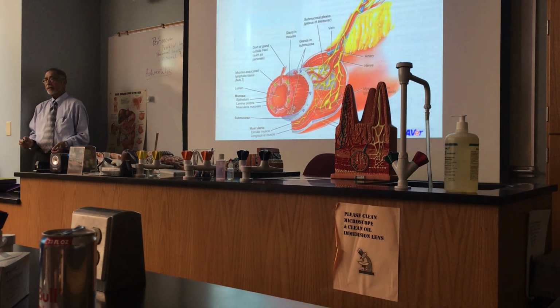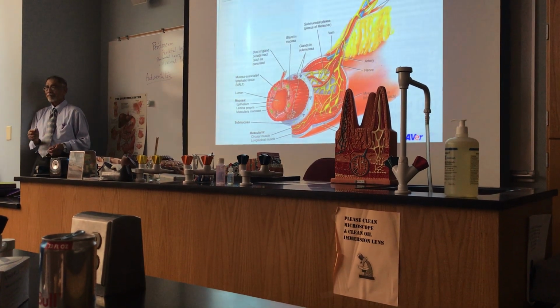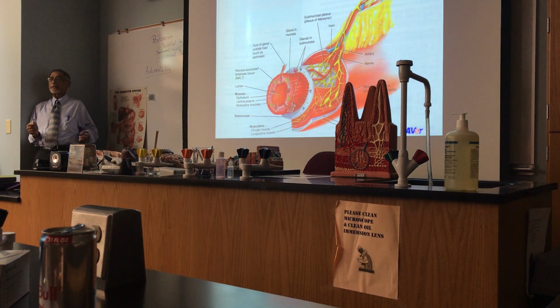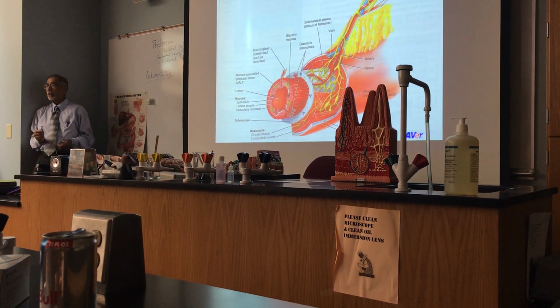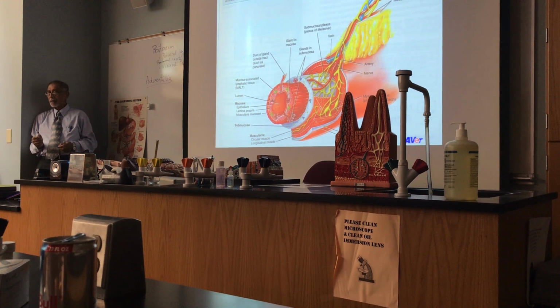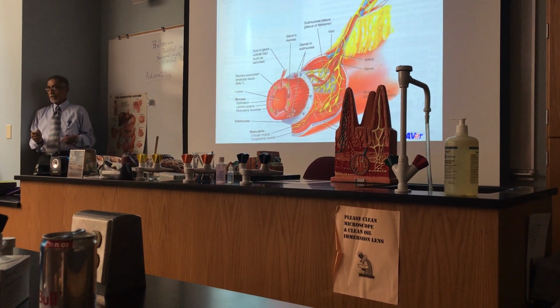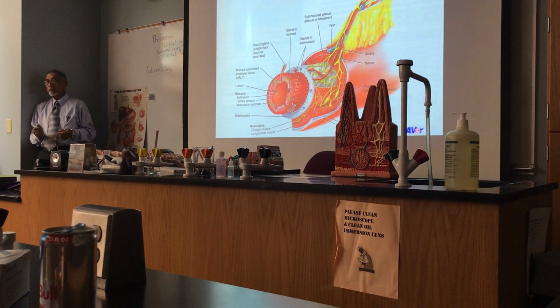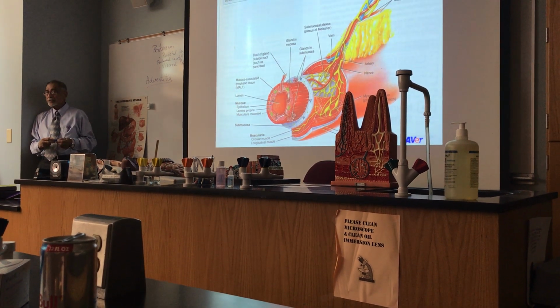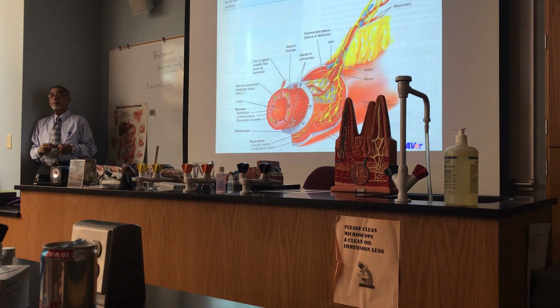Is the cavity empty or is it filled with fluid? It is filled with fluid called serous fluid. In this case, peritoneal fluid. Serous fluid with the heart, what is that? Pericardial fluid. With the lungs, pleural fluid.